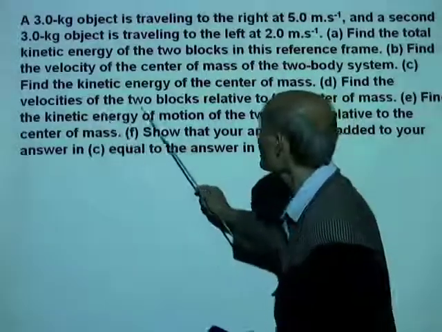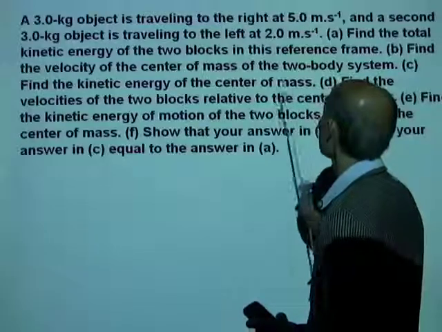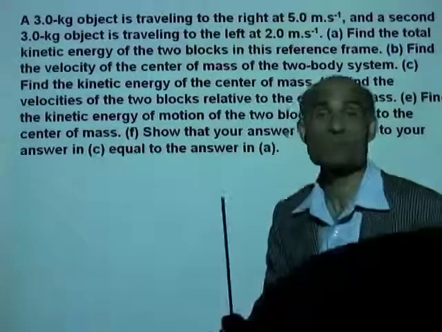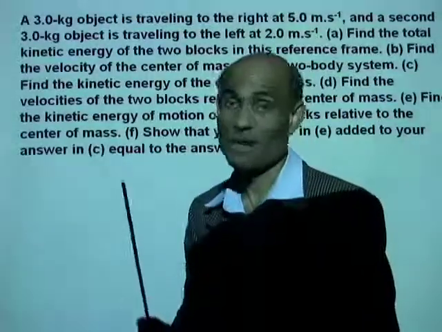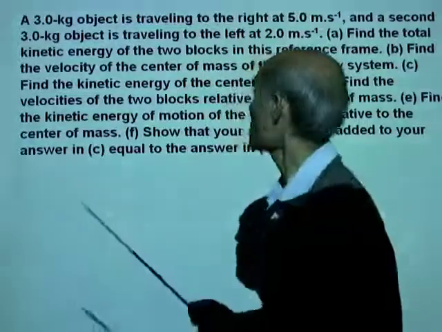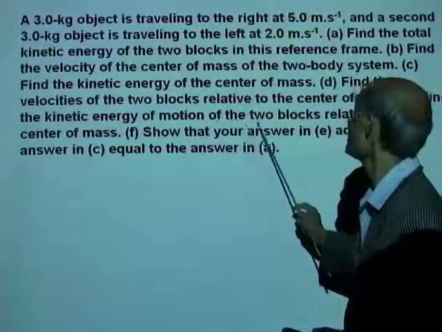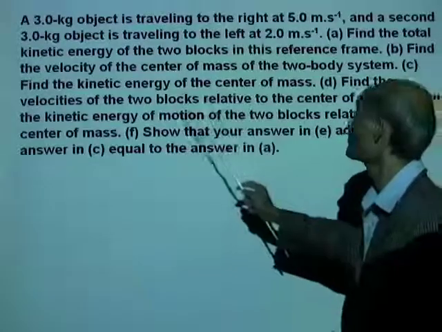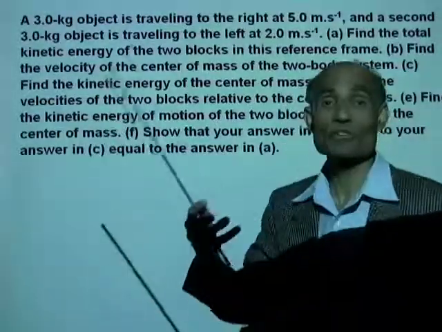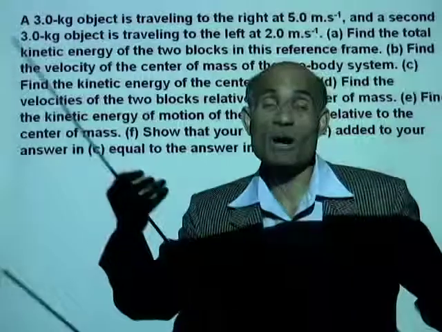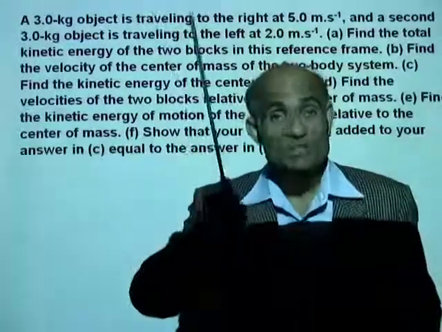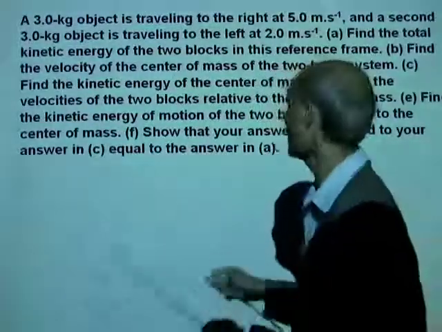D, find the velocities of the two objects relative to the center of mass. Well, you know how to do that. E, find the kinetic energy of motion of the two blocks relative to the center of mass. Find the kinetic energy of the two objects as measured from the center of mass.